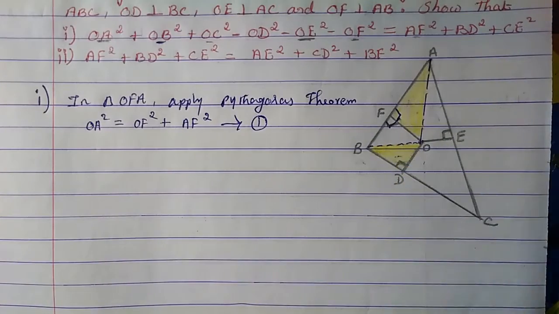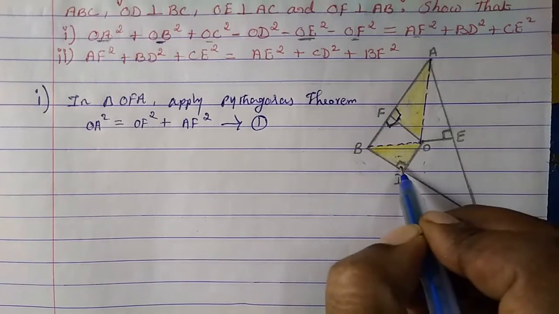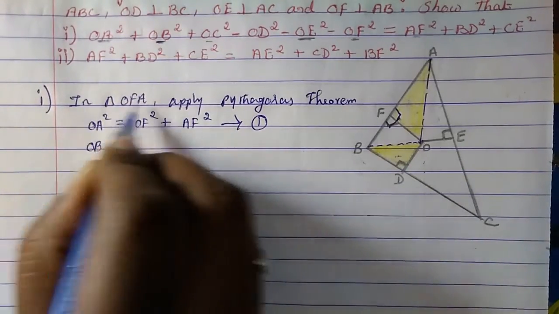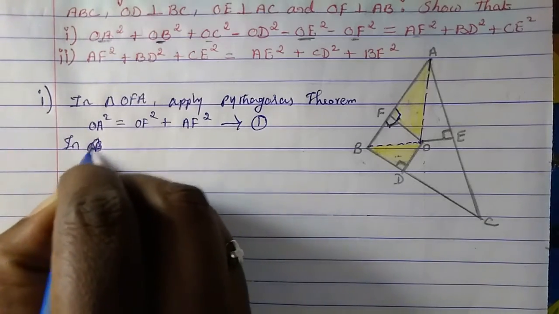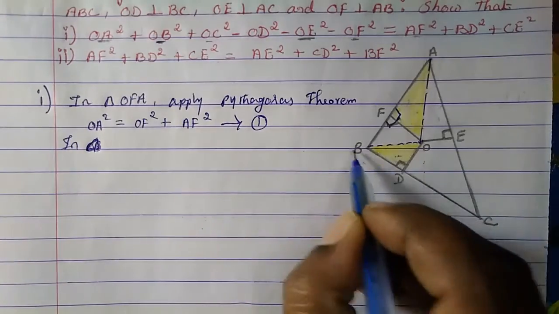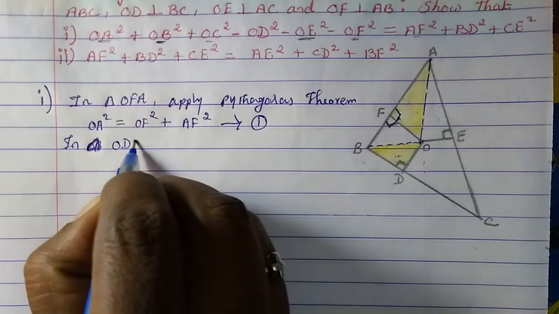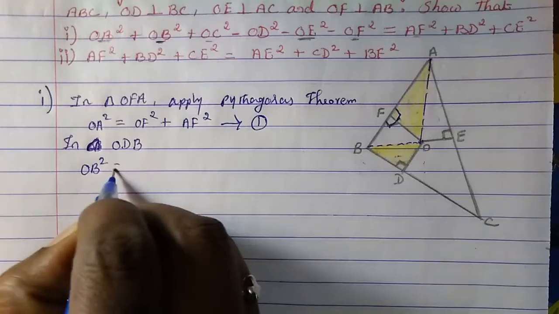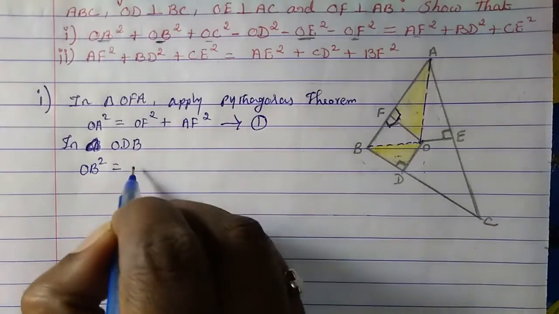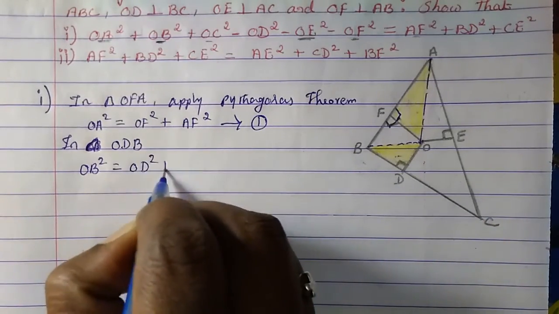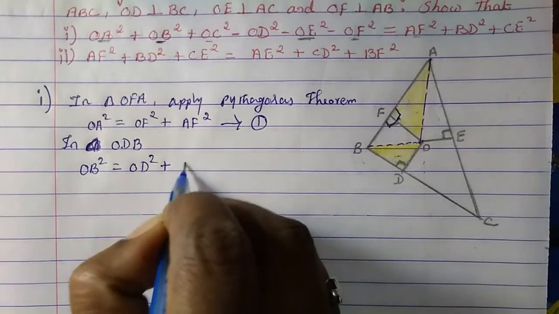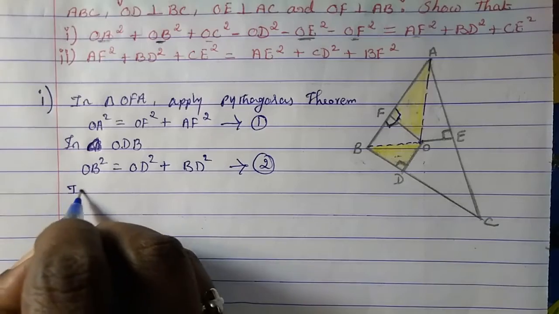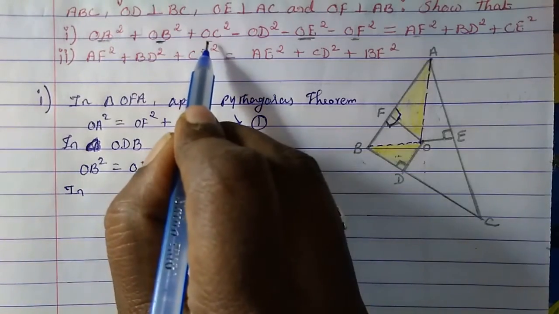So this triangle, the hypotenuse is OB square. In triangle ODB, OB square is equal to OD square plus BD square. Equation 2.